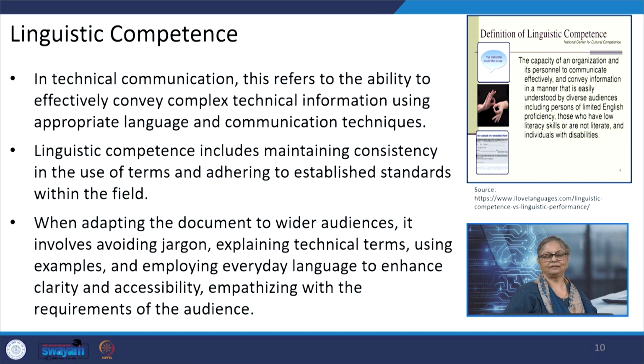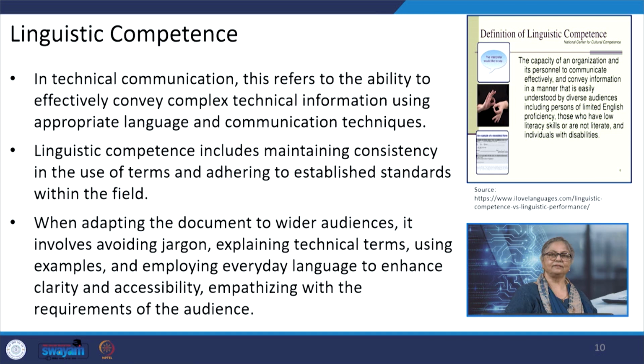Also, when adapting the document to a wider audience, it involves avoiding jargon, explaining technical terms in a proper manner, understanding the background of the target audience, identifying the context within which the technical content is being shared, using examples if required, and employing easy and perhaps everyday language to enhance clarity and accessibility, empathizing with the requirements of the audience continually.